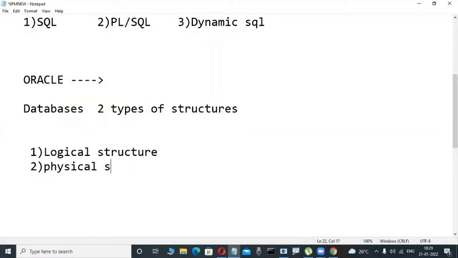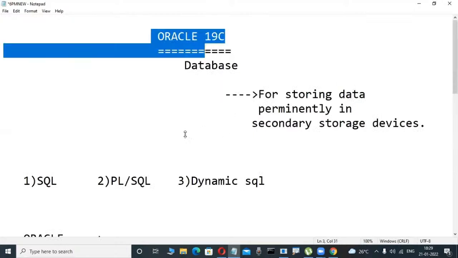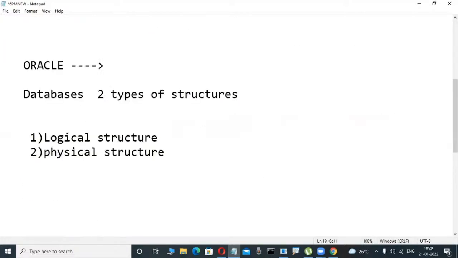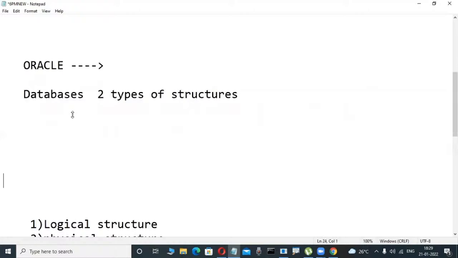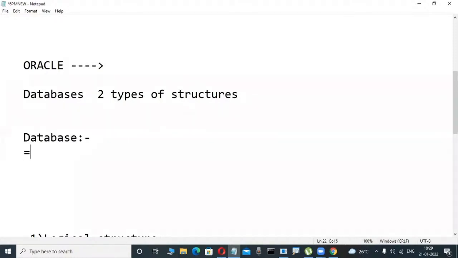Before we tell what the logical and physical structure is in every database software, just look at the database definition. In books, many people write it like this. Today at least you can understand. What does database mean?